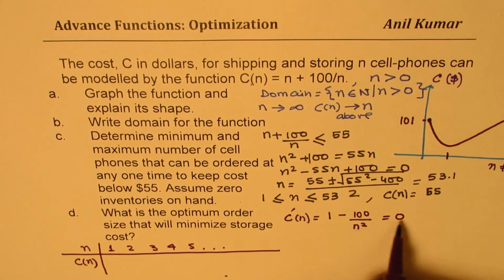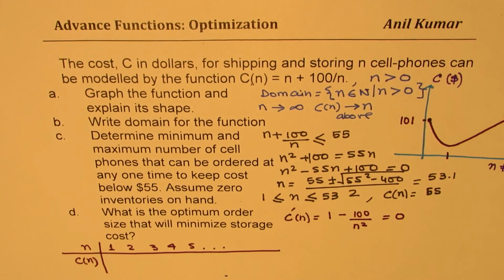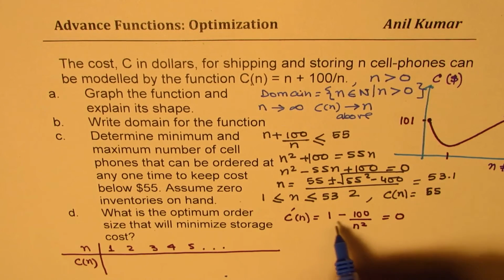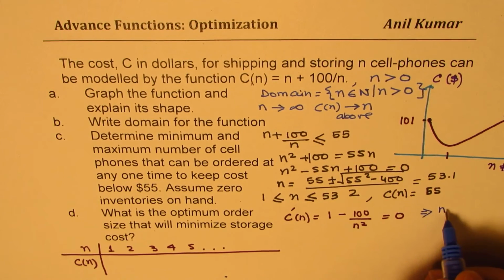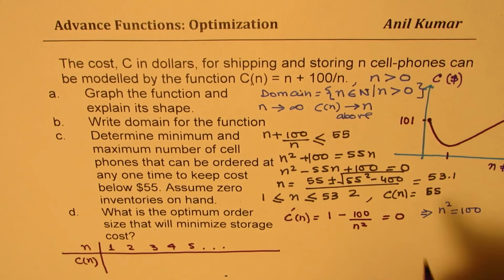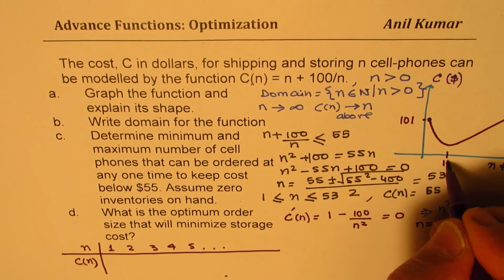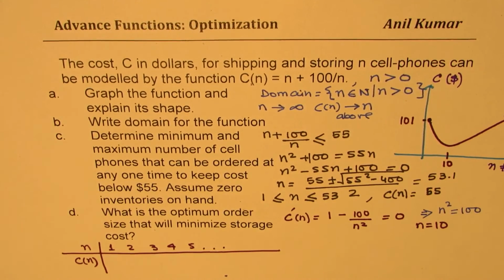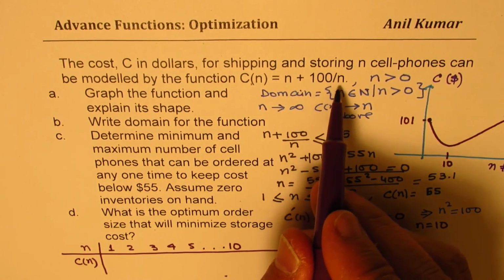Now from this calculation, equating it to 0, we can solve this as n square equals 100, that gives you the solution as n equals 10. So at n equals 10, we are going to get the minimum cost. When you work out for n equals 10, the value will be 10 plus 100 divided by 10, which is also 10.